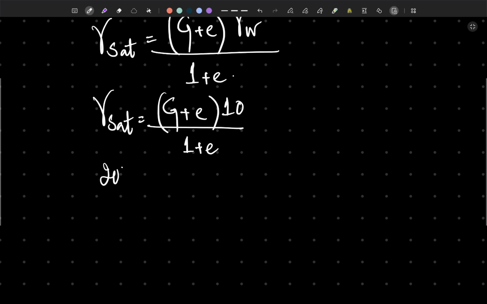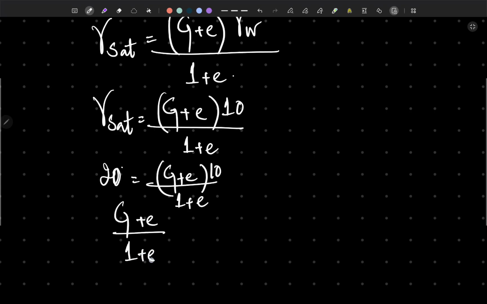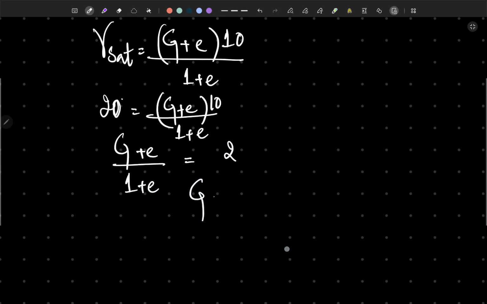So 20 equals 10 times (G plus e) divided by (1 plus e). I may write (G plus e) divided by (1 plus e) is equal to 2, or G plus e is equal to 2 plus 2e, or G is equal to 2 plus e.